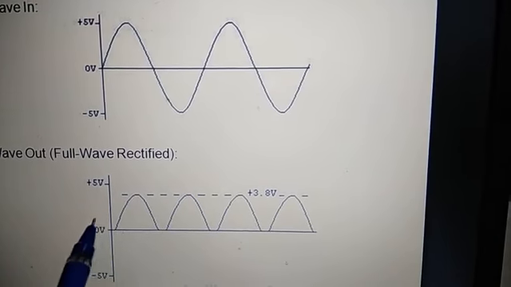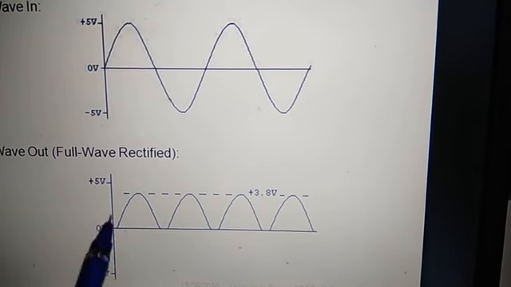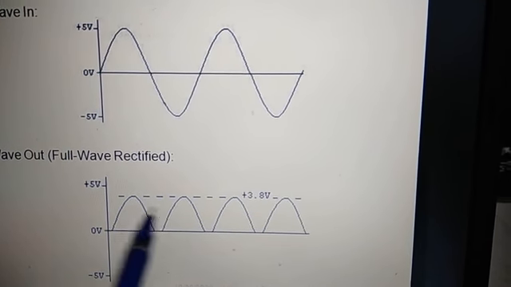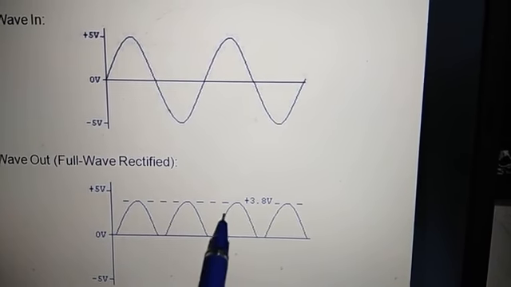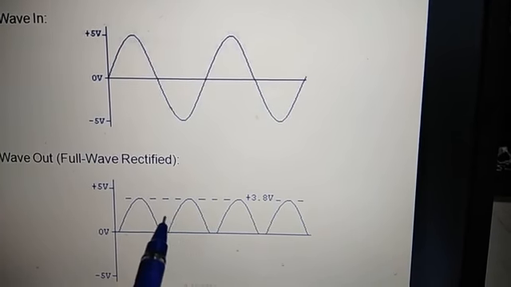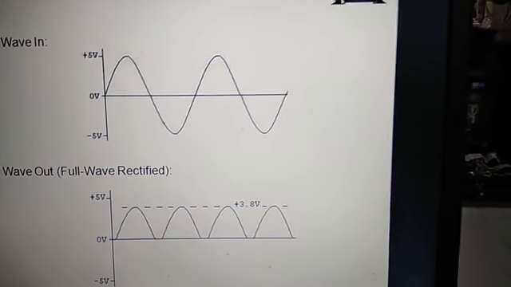Now to remove these ripples, these AC components, we want to make it towards pure DC. So we have to remove these AC components. For removing the AC components, we need to use filters after this rectifier.